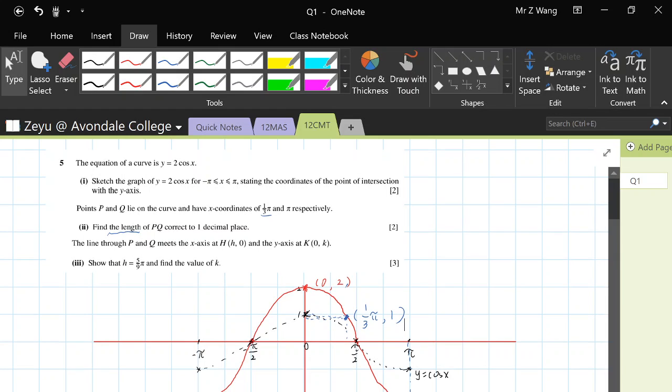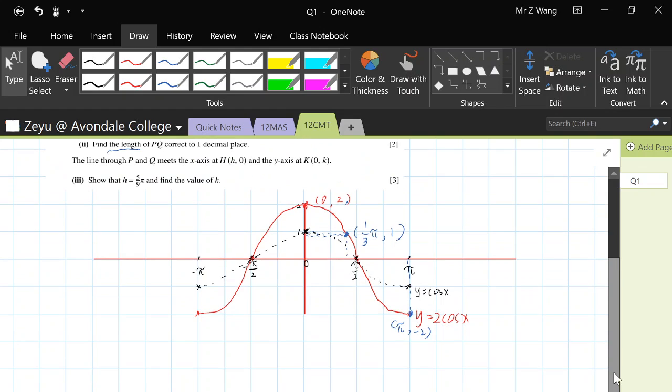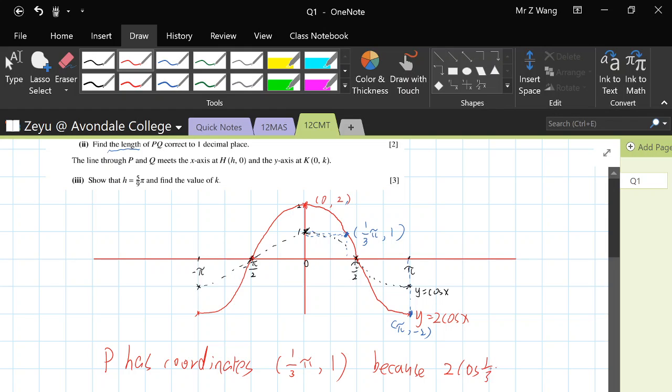So now we know P has coordinates (1/3 pi, 1). This is because 2 cos 1/3 pi equals 1.